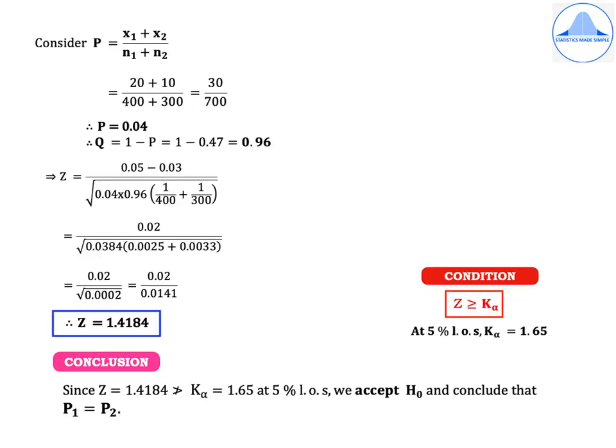Calculating capital P, we get 20 plus 10 divided by 400 plus 300, which is 30 by 700, or capital P is 0.04. Therefore, Q is equal to 1 minus P, which is 1 minus 0.04, which is equal to 0.96.